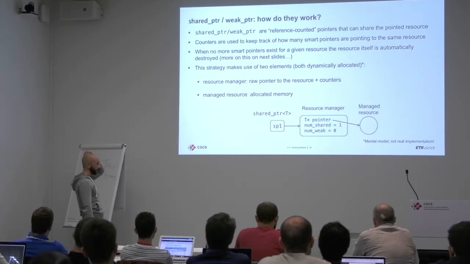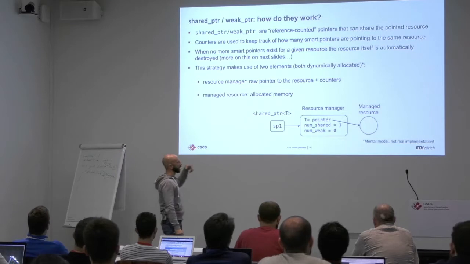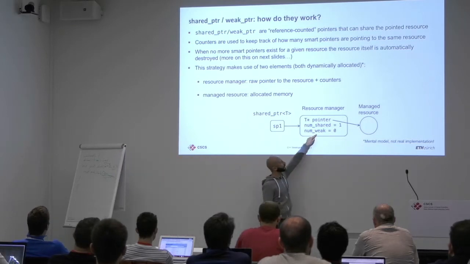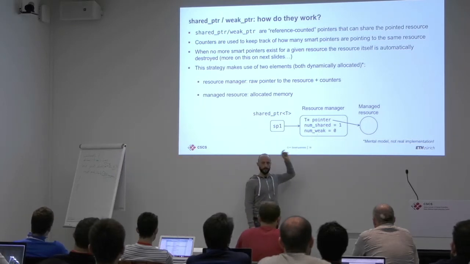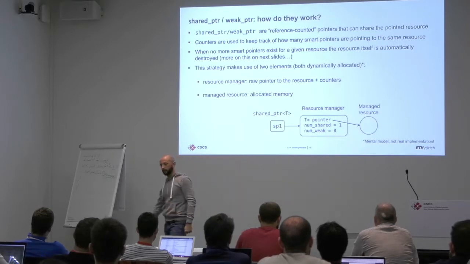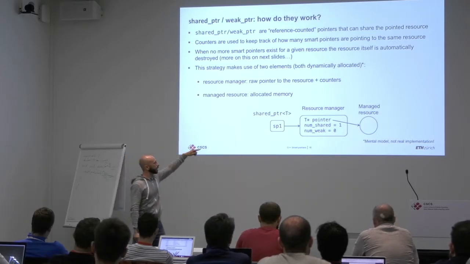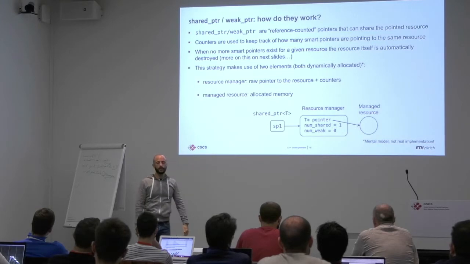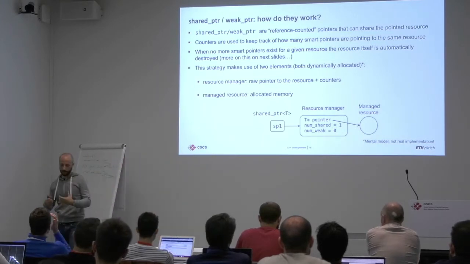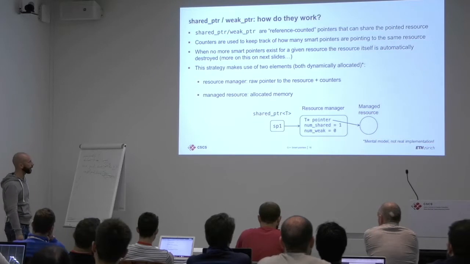The idea is that when the number of shared pointers and the number of weak pointers pointing to the same resource goes to 0, because the corresponding variables go out of scope, the resource manager and the managed resource are automatically deleted for you from the heap, so that you won't have any memory leak.